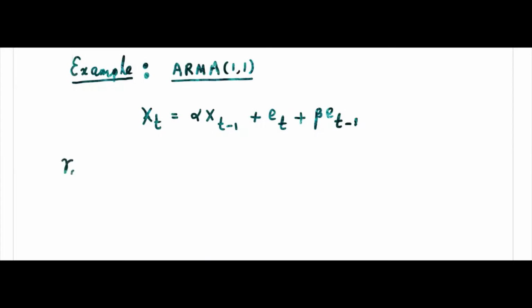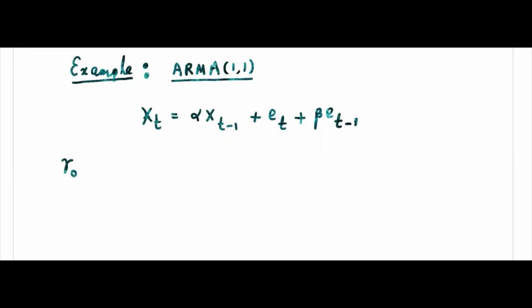Remember, we use Yule-Walker equations whenever we find autocorrelation for an AR process. And when you find autocorrelations for an MA process, you have to do it separately.